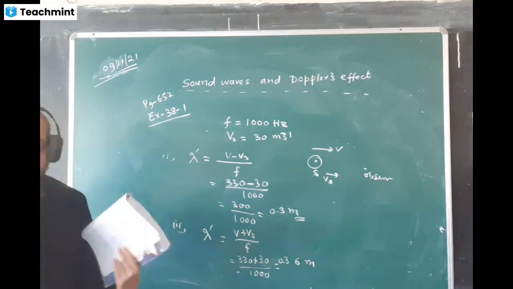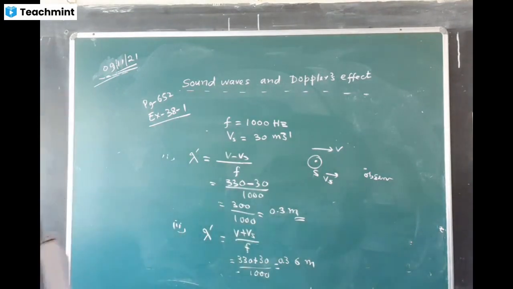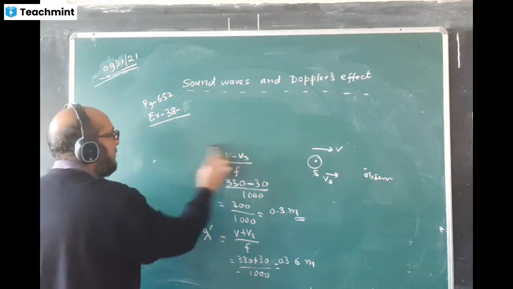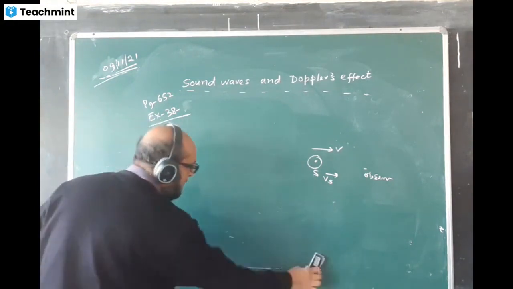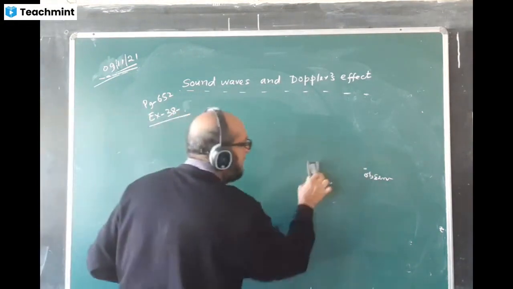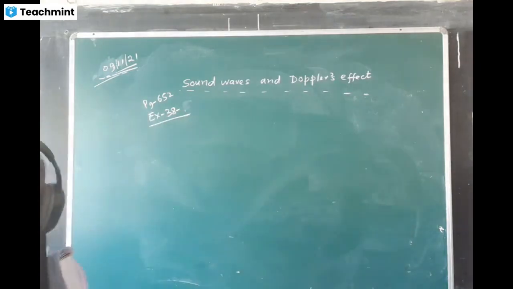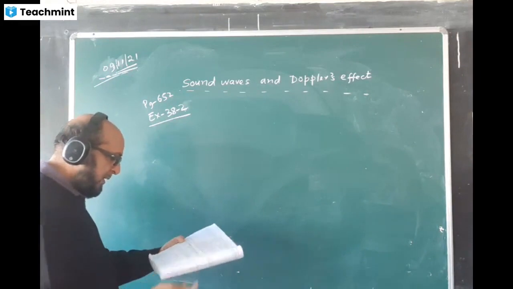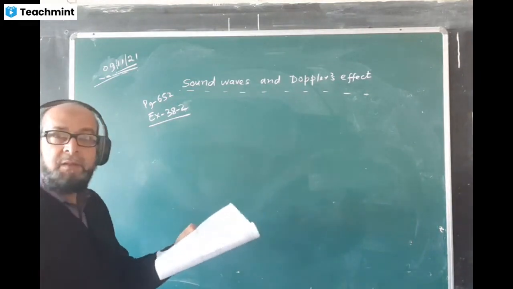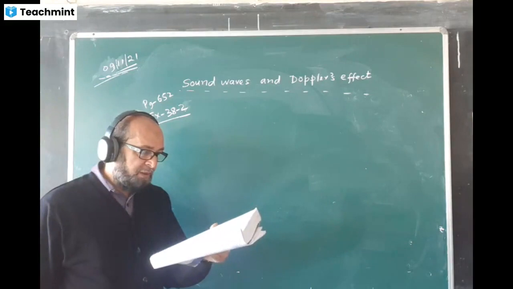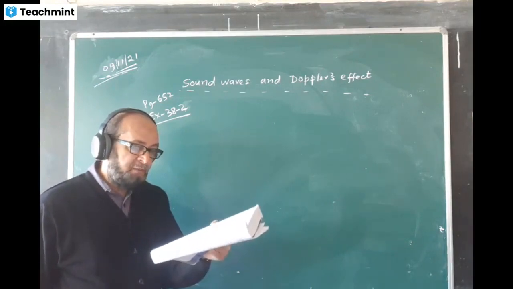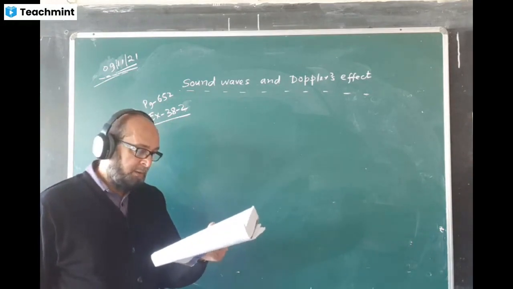Now I am doing example 38-2. The question says a train blowing a whistle of frequency 1152 Hertz is passing a railway station with a speed of 72 km per hour.